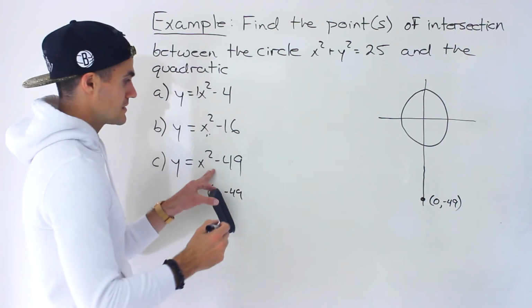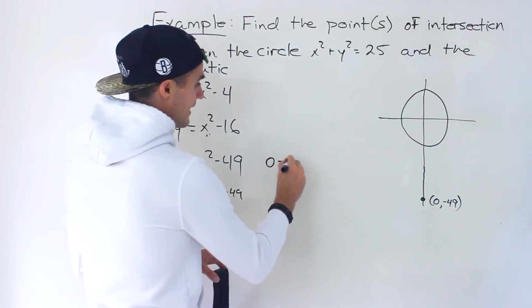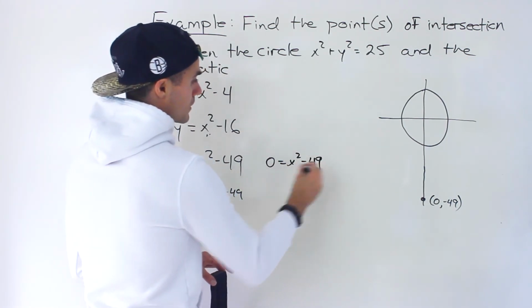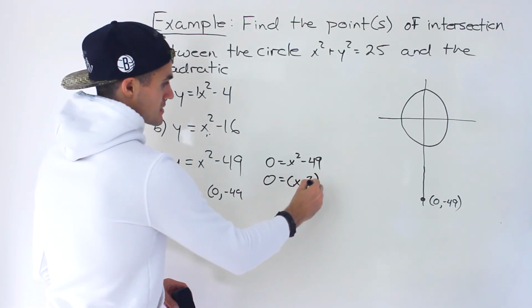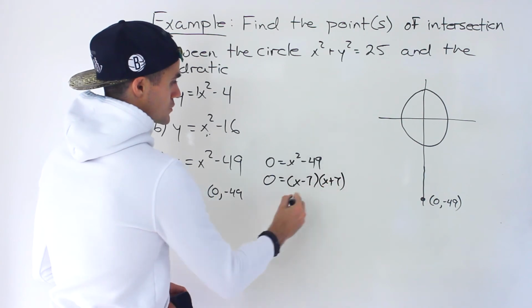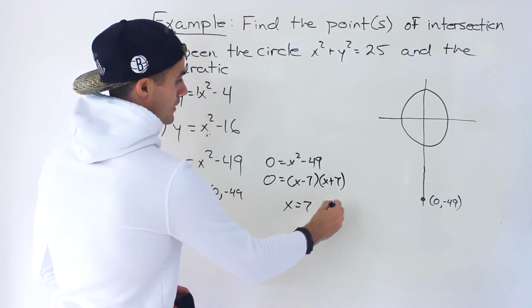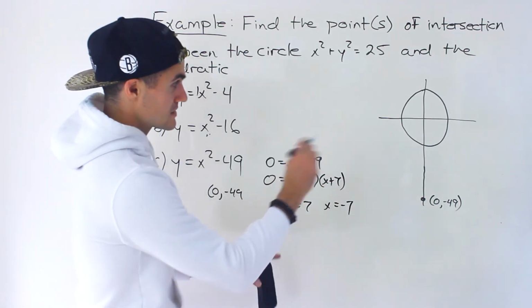And then notice again, this is a smooth quadratic where we can get the x-intercepts very easily by just factoring that as a difference of squares, x minus 7, x plus 7, so the two x-intercepts are x equals 7, x equals negative 7. Now, where does that fall in the graph?